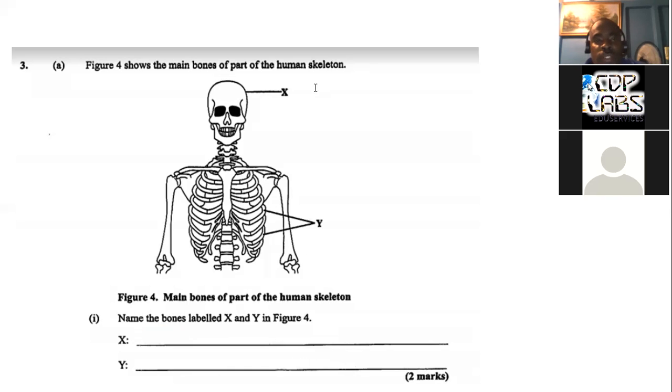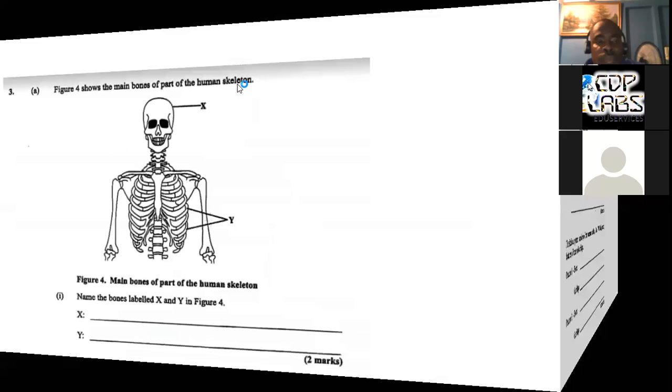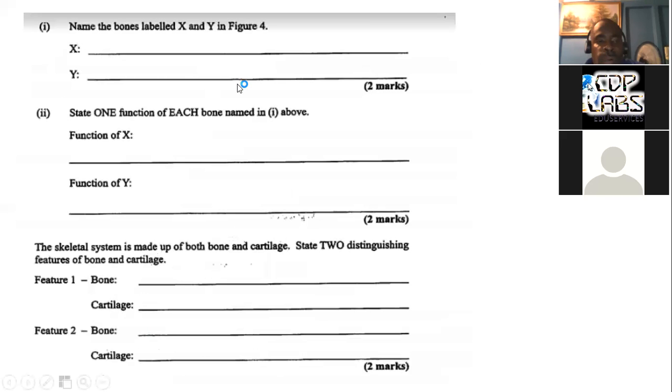Let's proceed to the next part of the question. All right. I think we did that part already. It says state one function of each bone named in I above.